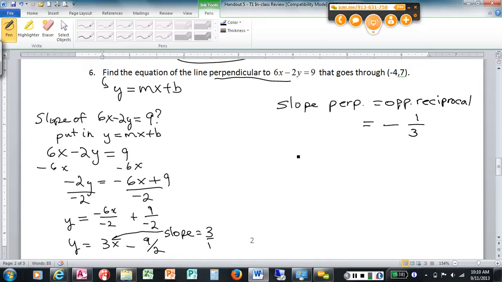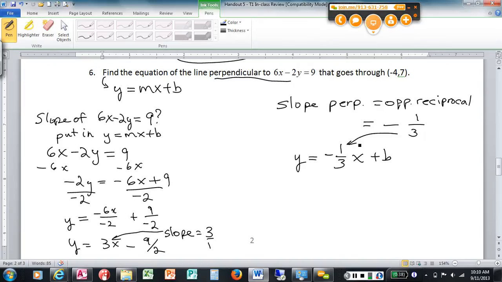All right, so that tells me on my line I want y equals negative 1/3 x plus b. So I want my slope to be negative 1/3 for mx plus b.